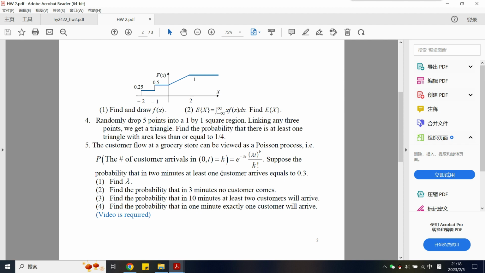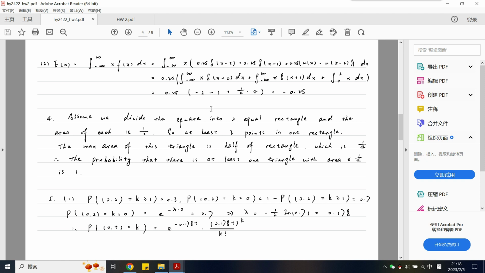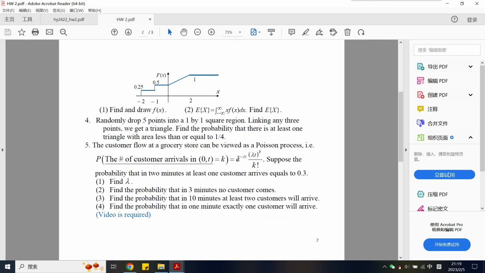We can get the opposite condition. Since the question says at least one customer, its opposite condition is that no customer arrives. So the probability that in 2 minutes no customer arrives equals 1 minus 0.3, which is 0.7. So now we have the new condition that in 2 minutes the probability that no customer arrives equals 0.7.